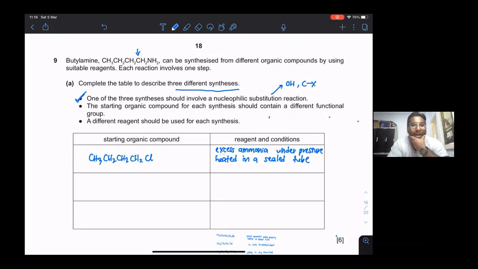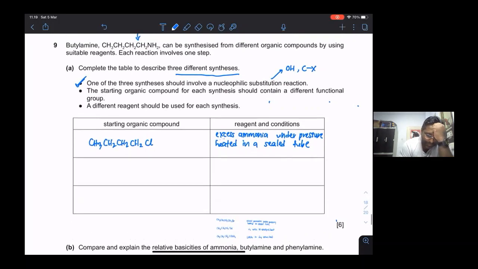do with amide. What we can do with the amide is reduce amide to become amine. So maybe I'll just write down CH3, CH2, CH2, C double bond O, NH2.